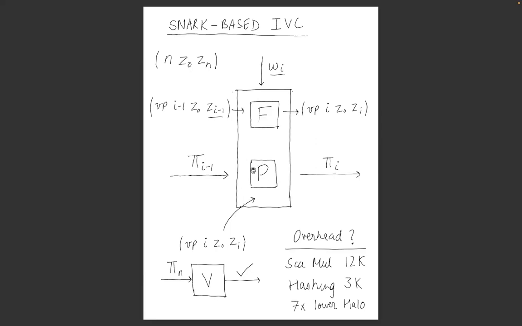So the prover is proving that the inner proof is valid, and it is also proving that the computation for the ith step was done correctly, which is encoded in this proof pi. So in the next slide we'll formalize this.